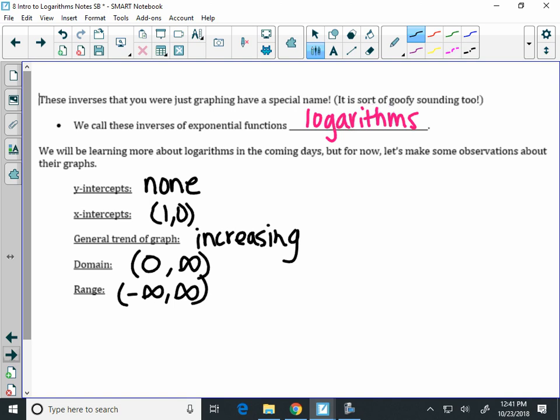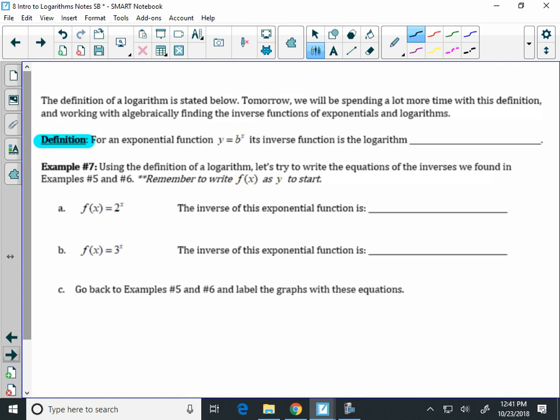So it brings us to the end here. We have a formal mathematical definition here. And that definition says if you have an exponential function, y equals b to the x. So in our class today, we did y equals 2 to the x and 3 to the x. Here's how you write the equation of a logarithm. It's going to start with log. Log is how you abbreviate logarithm, obviously.